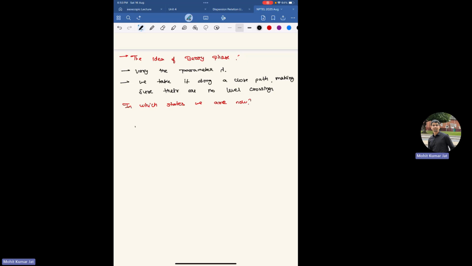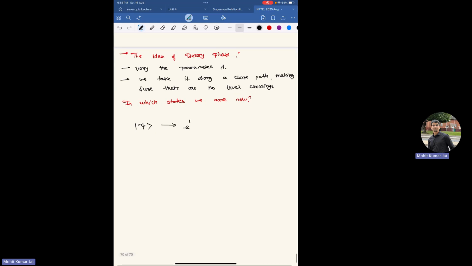So you started with psi, and then you end up with, by picking some phase, e to the power i gamma psi. Gamma is the phase. And we often think of the overall phase of the wave function as being unphysical. Why do we think so?